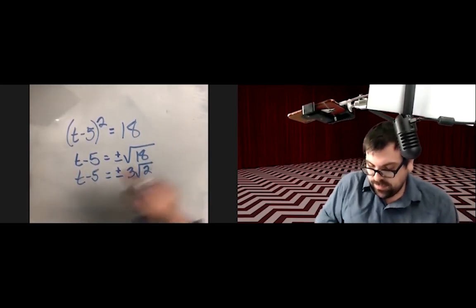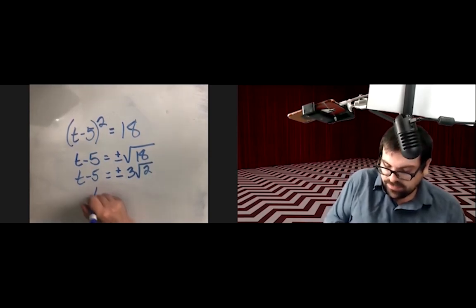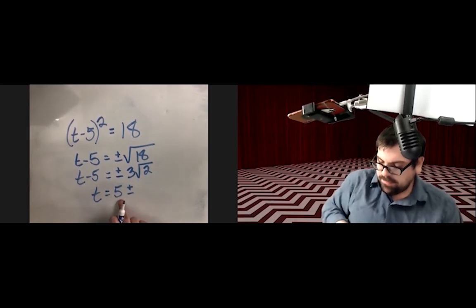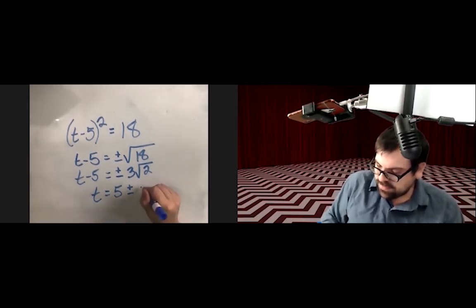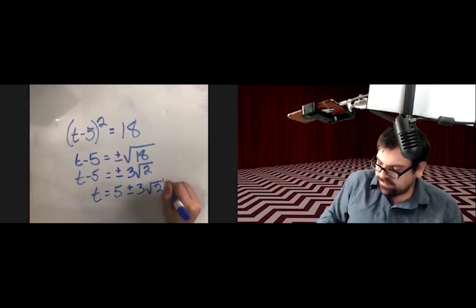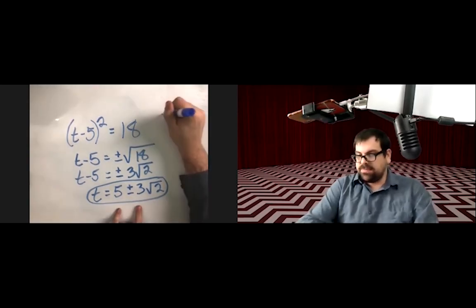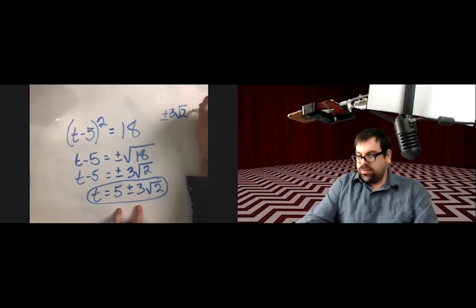T minus 5. To get the t by itself, we would add 5 to both sides. So that's going to be a positive 5 in front of the plus or minus. 5 plus or minus 3 radical 2. Because this means the same thing as plus or minus 3 radical 2 plus 5.